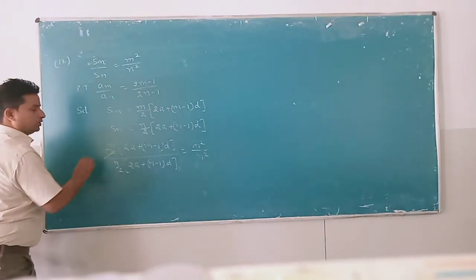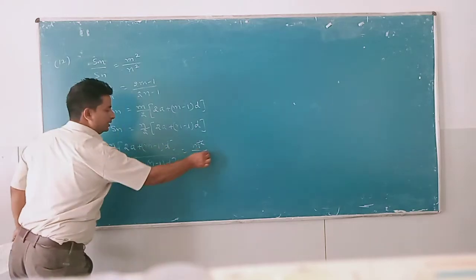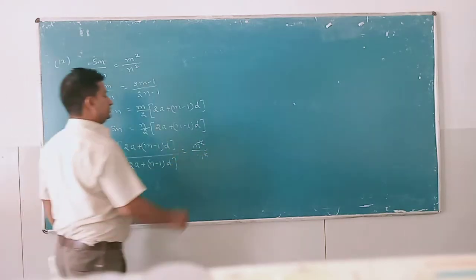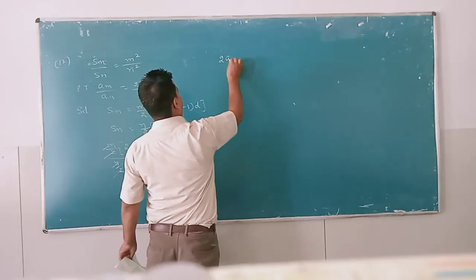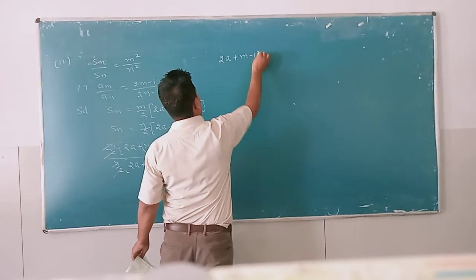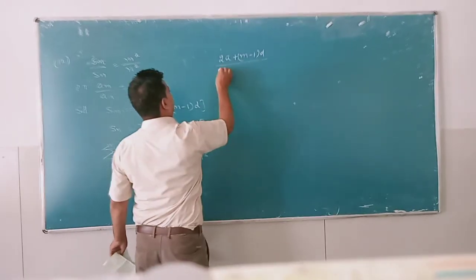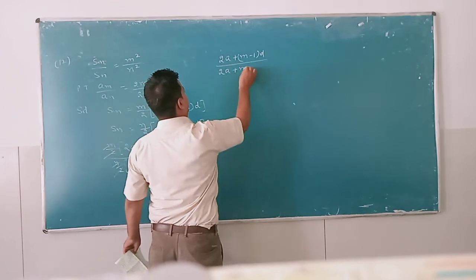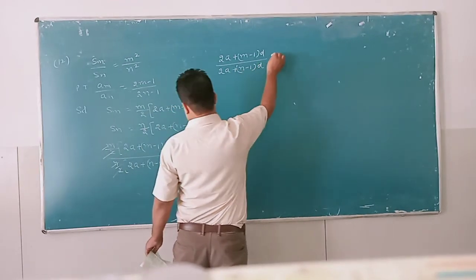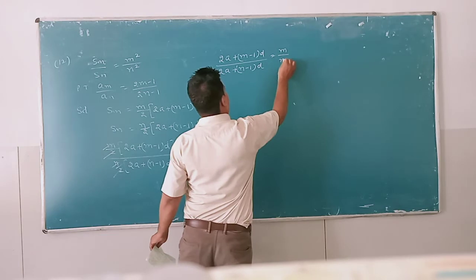The 2 cancels out, as well as m and n. So (2a plus m-1 into d) upon (2a plus n-1 into d) equals m by n.